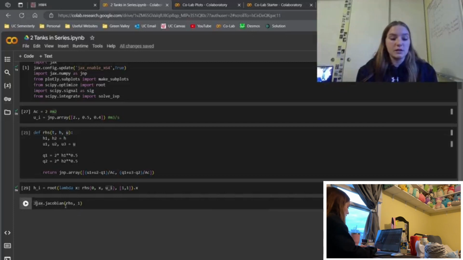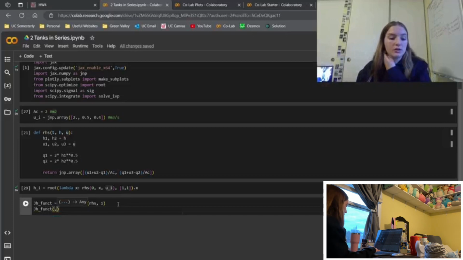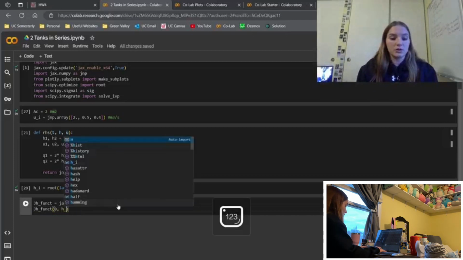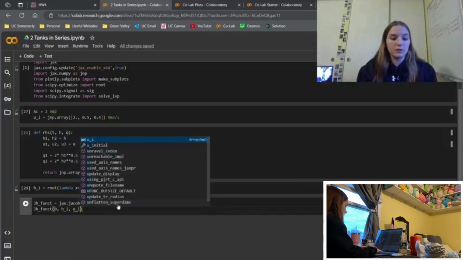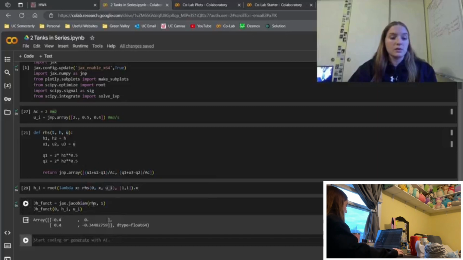So we are going to set this equal to our jh function, and then we can evaluate this at our initial time, so 0, our initial height values, and our initial u values. So this will give us an array of 4 values.